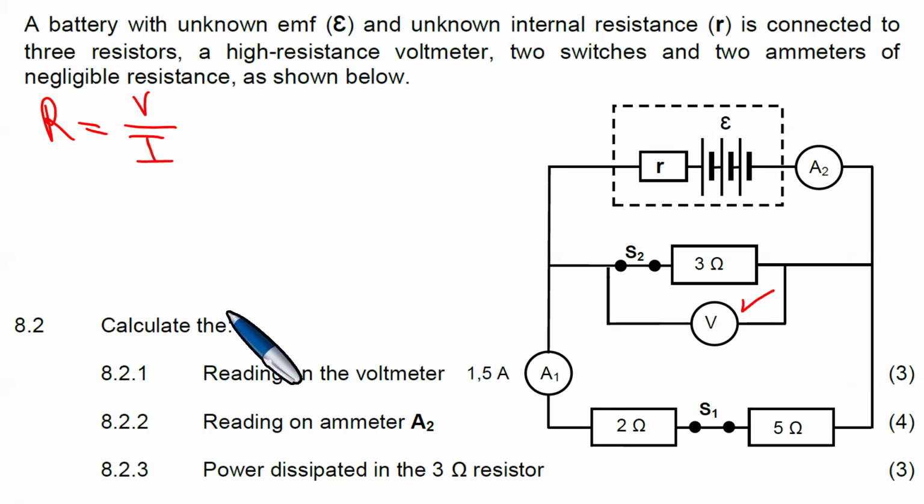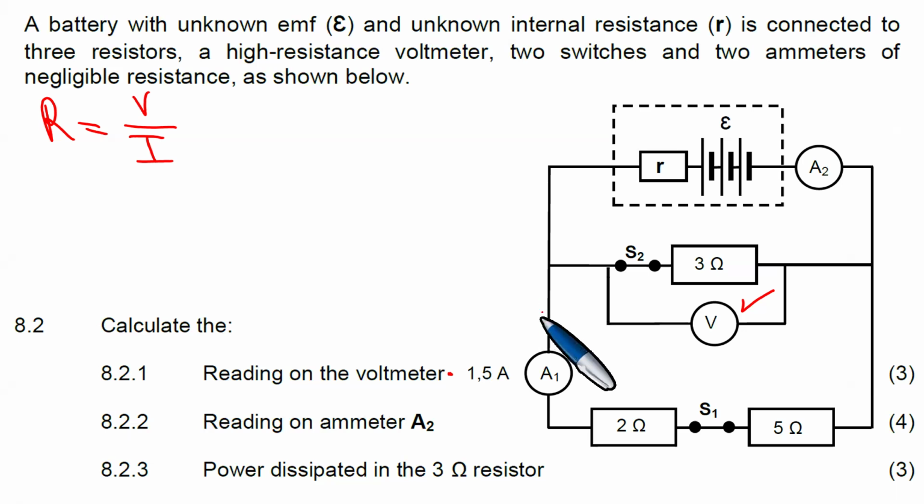If we want to find the reading on the voltmeter, the voltmeter V, we know that Ohm's law states that R equals V over I. Then the question becomes, what is the resistance? What do we regard as the resistance here, if we already know that the reading on the ammeter A1 is 1.5 amperes?